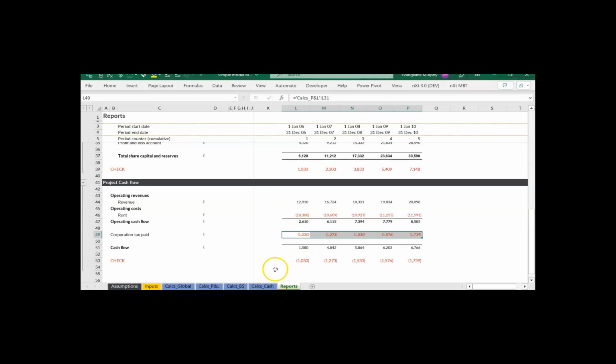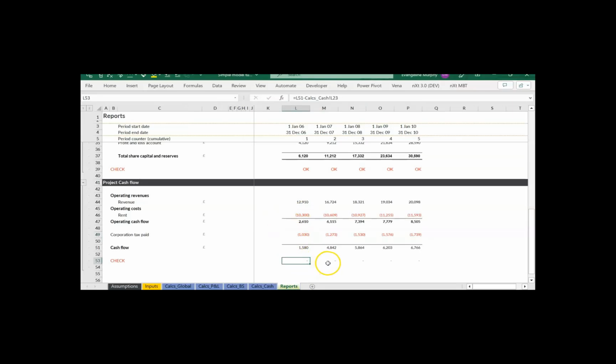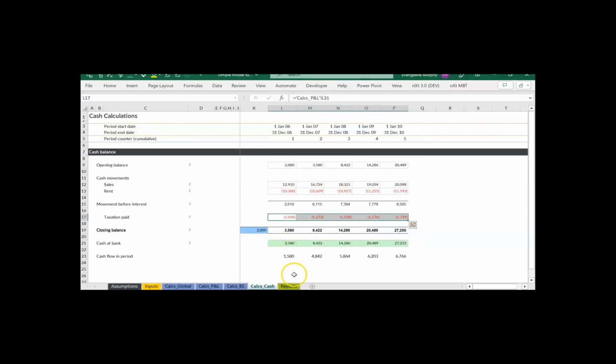The cash flow now doesn't match up with our cash calcs. Let's add the tax paid in here too. Our checks are now 0, as our cash flow and our cash movements in our cash calcs are the same.